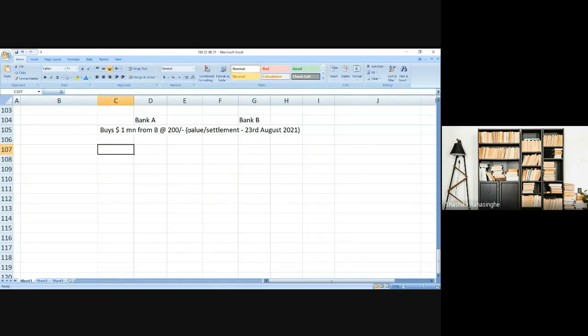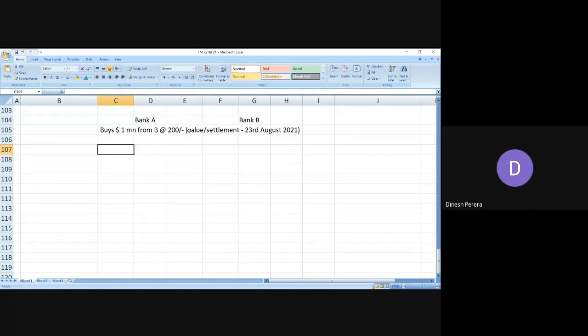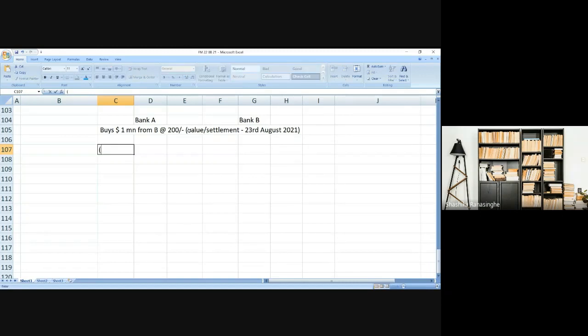So A will pay B how much? If you're buying a car, right? You get the car and you pay rupees, no? It's like if A has bought a car from B. How much will A pay to B? 200 million rupees. Yes. They will pay 200 million rupees.